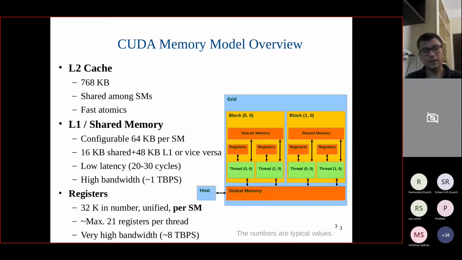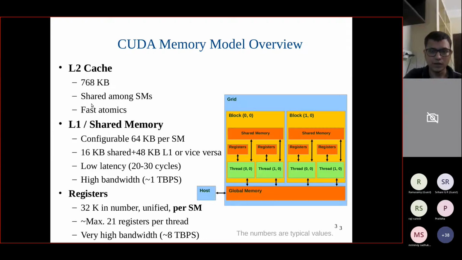In that case, the amount of memory inside the L2 cache that a particular thread has can be very little. So in that way, L2 cache might not be as effective as it is on a CPU, but we still need this L2 cache. The reason is the fast atomics that is mentioned here.